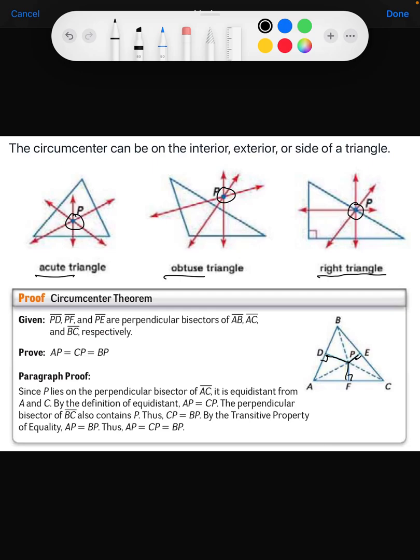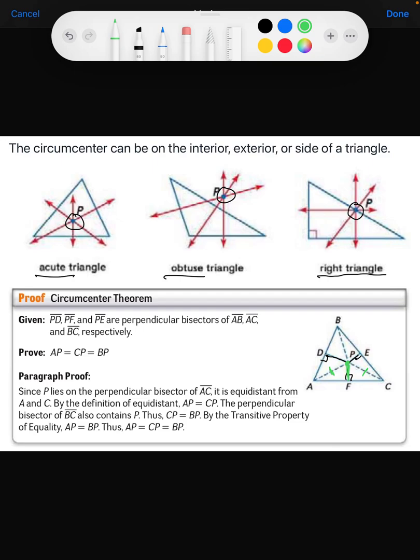So since P lies on the perpendicular bisector of AC, so on this line right here lies P, we know this is going to equal this because that is the definition of equidistant, and our perpendicular bisectors are going to have a circumcenter that is equidistant from the vertices.